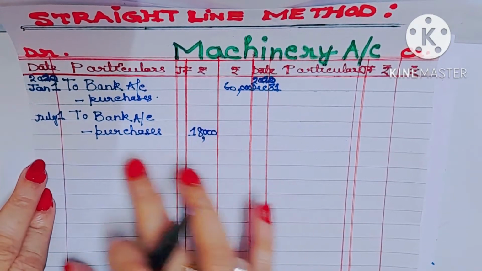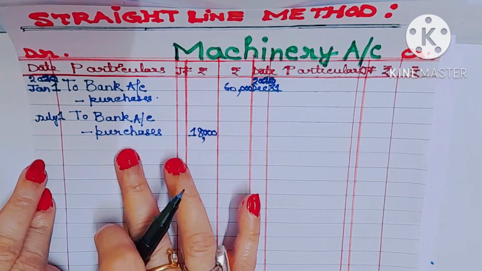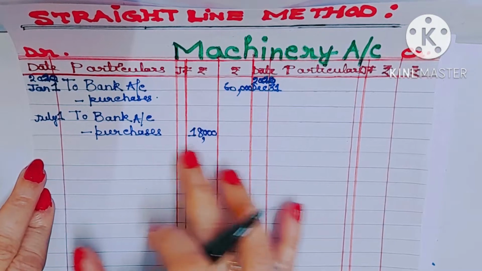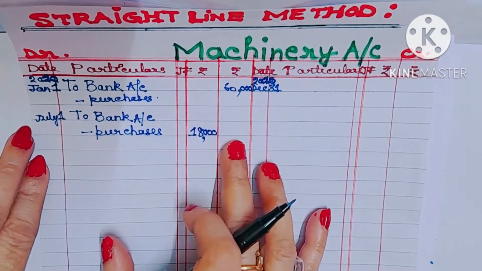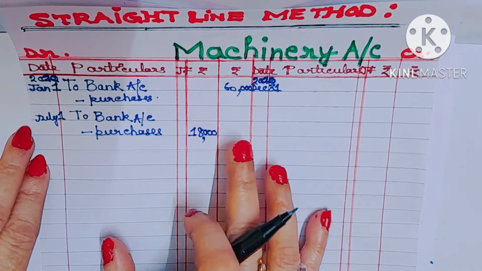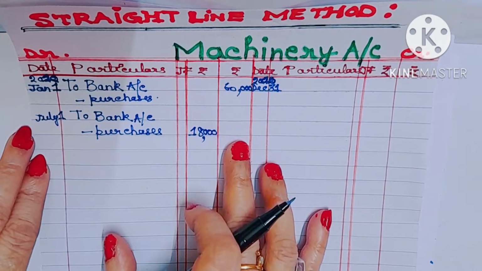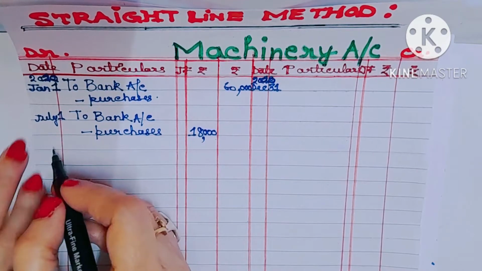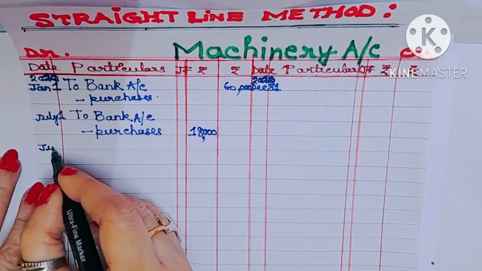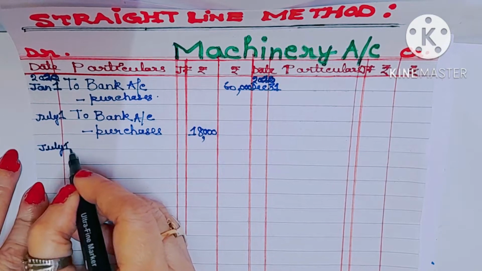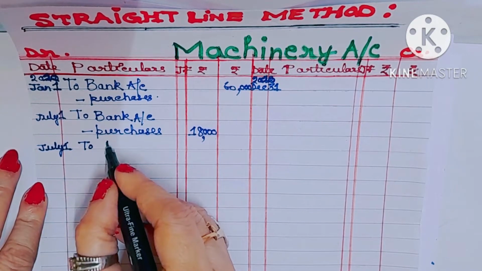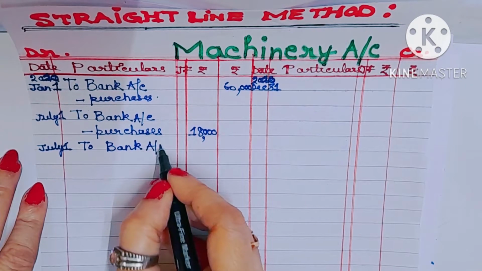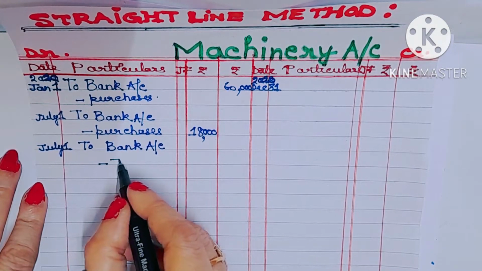So the businessman has purchased another machinery for the business which cost 18,000. But there is an additional expenses which is installation. So we'll have to write on July 1st to bank account installation.